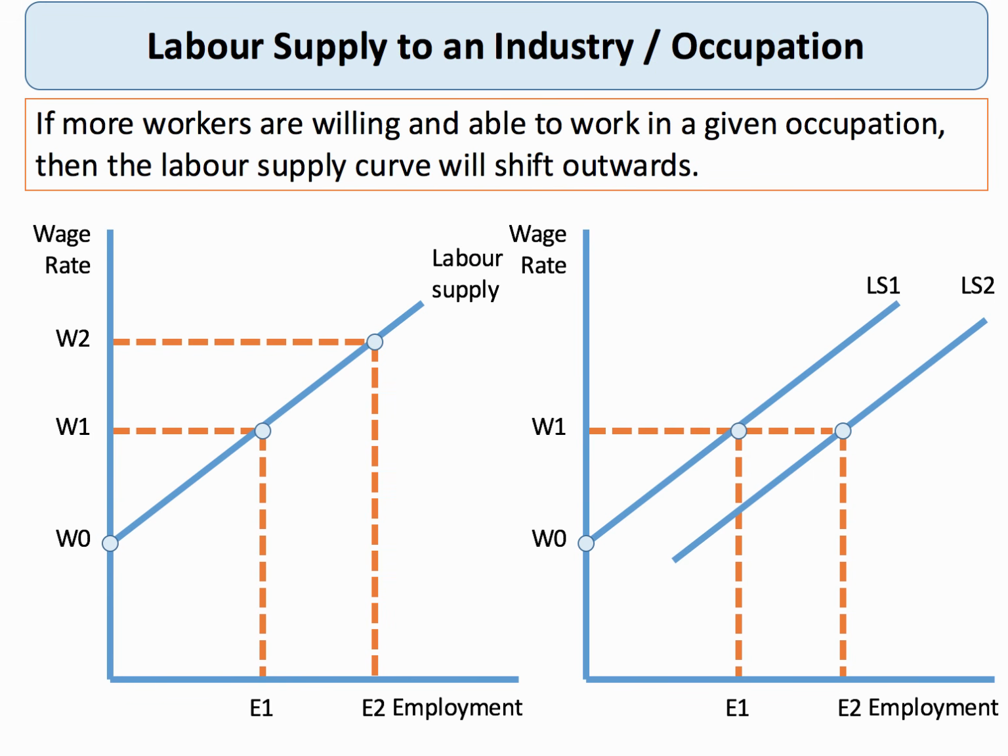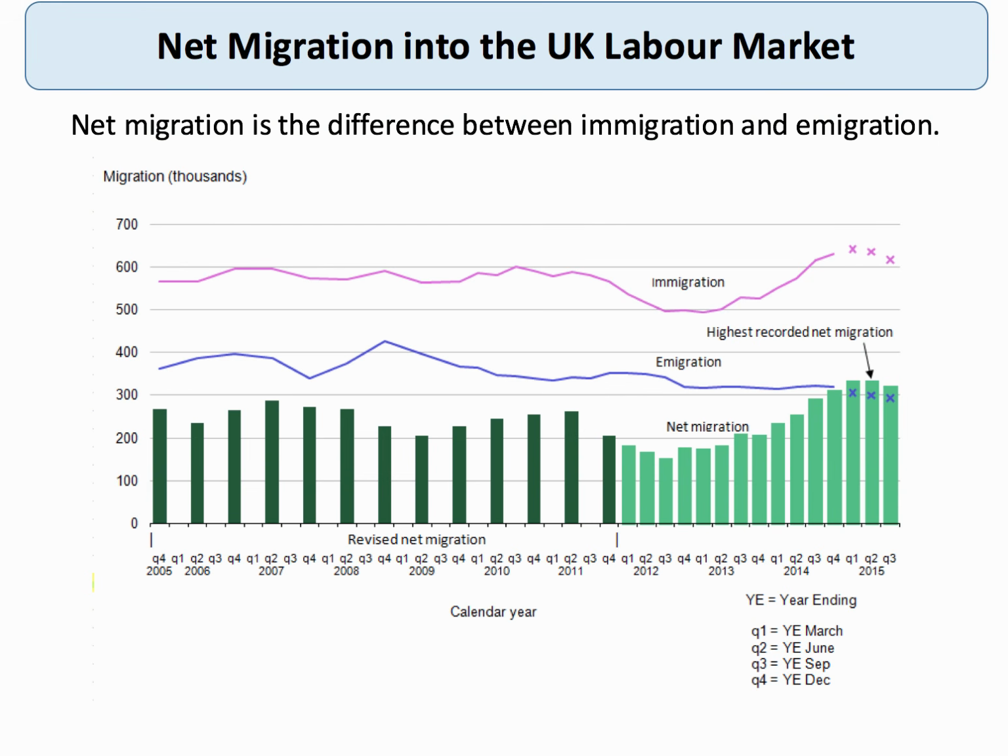How do we show a little bit of analysis? Well, our labour supply curve is normally upward sloping. One or two circumstances where it's not, but we'll cover those in a separate video. But if we show, for example, the impact of migration, people coming in, then that would cause the labour supply curve to shift out to the right. For a given wage rate W1, there are now more people available and willing to work.